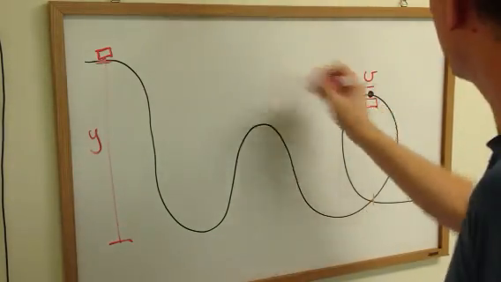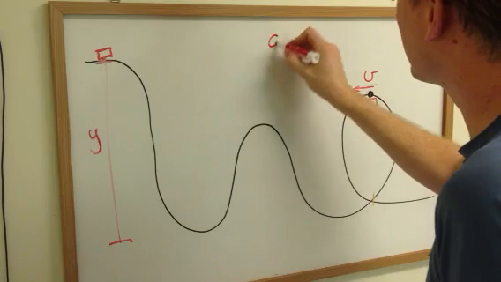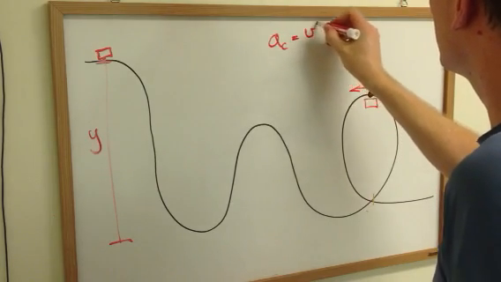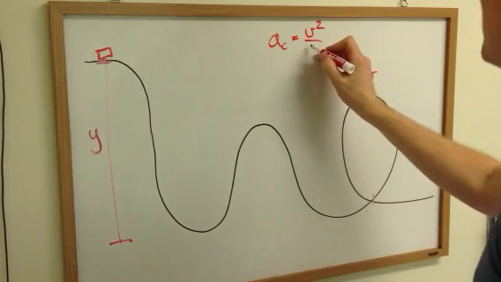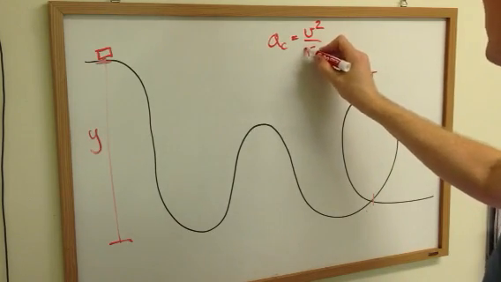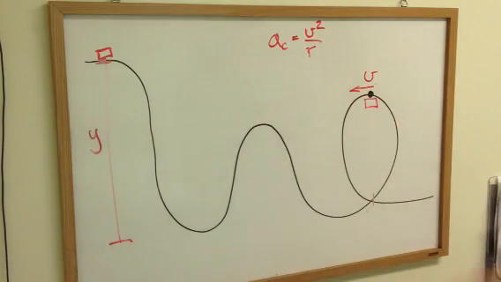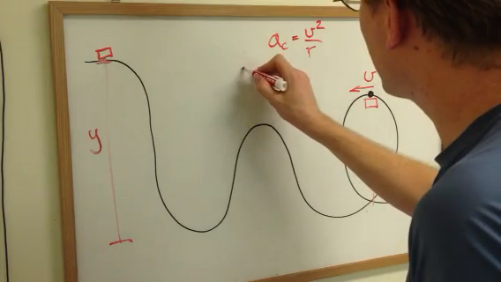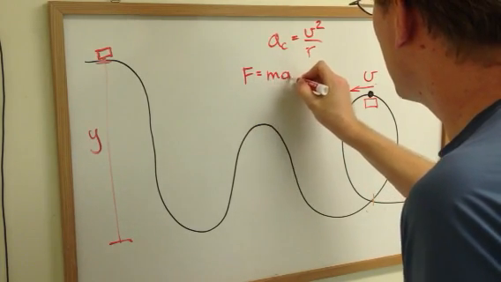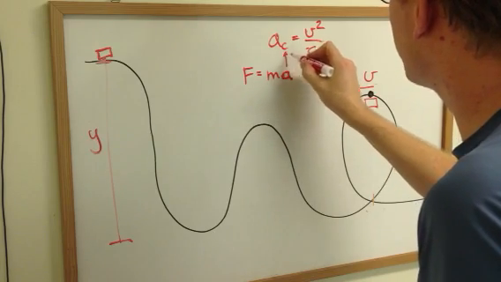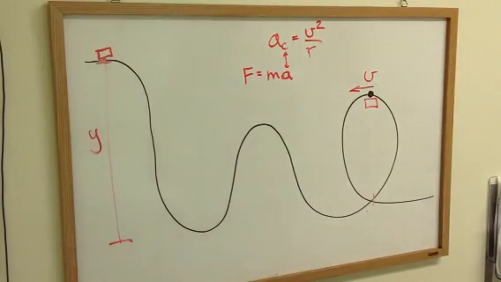Anything moving in a circle is necessarily accelerating. It has an acceleration towards the middle, described by v squared over r. Anytime you're accelerating, that's caused by a force. F equals ma. Here, there's a special form for ma. It's mv squared over r in a circle.